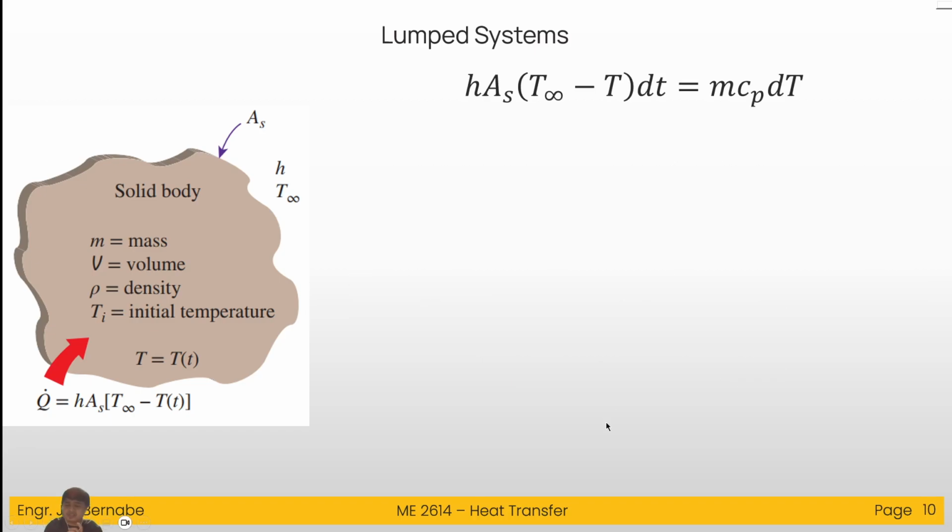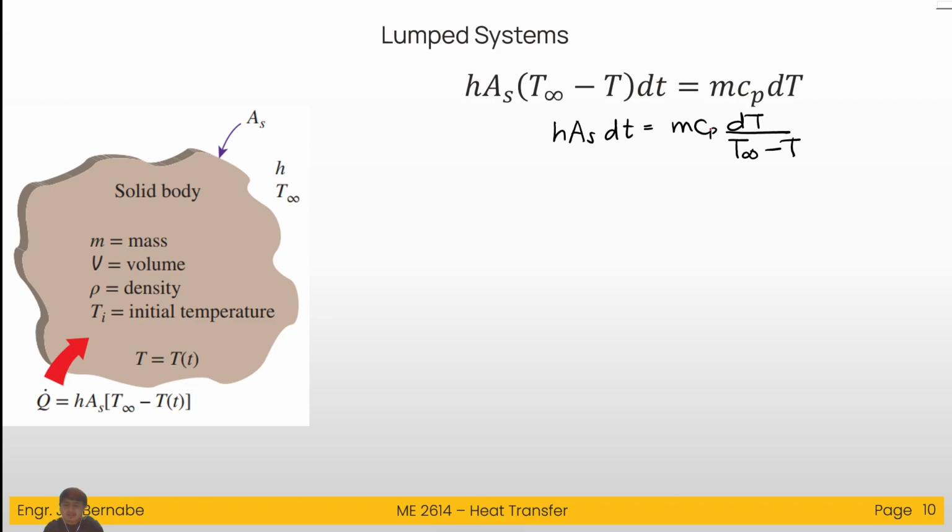If we solve this, you can see this is a differential equation. We can do a separation of variables. So we have T here, so this should be on the right hand side, and that T can stay where it is. So you have hA_s dt is equal to m C_p dT over (T_infinity minus T).